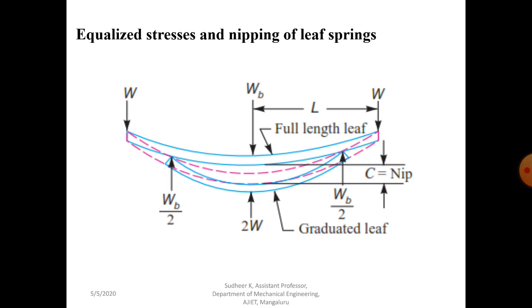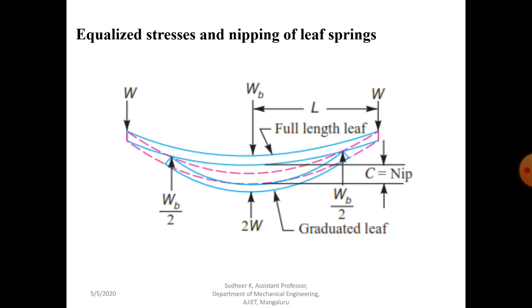In order to utilize the material to the best advantage, all the leaves should be equally stressed. So how to obtain this? There are two important conditions that can be used to obtain equalized stresses in the spring.